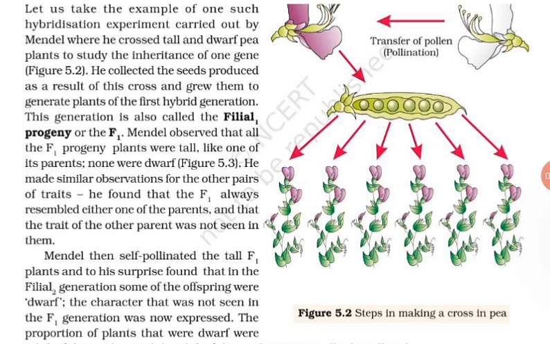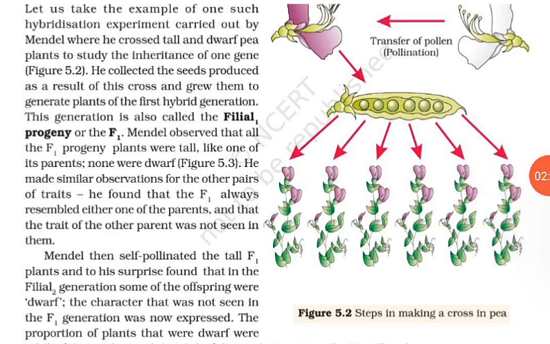Mendel then self-pollinated the tall F1 plants and to his surprise found that in the filial second generation some of the offspring were dwarf. The character that was not seen in the F1 generation was now expressed.